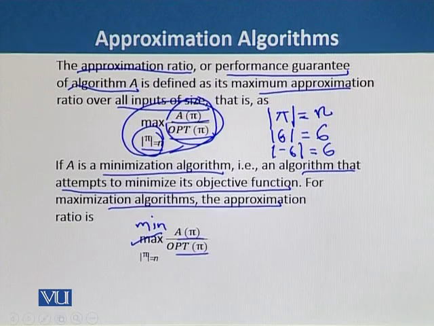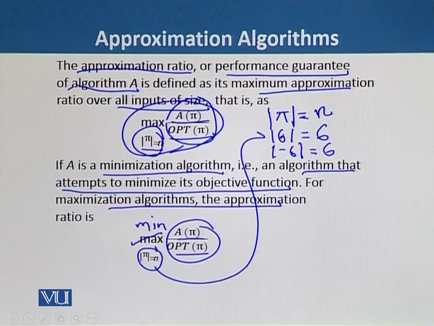A(π) over OPT(π), where |π| is equal to n, and we have seen what is the meaning of |π| equal to n. So |π| will always be a positive integer even if its value is negative.